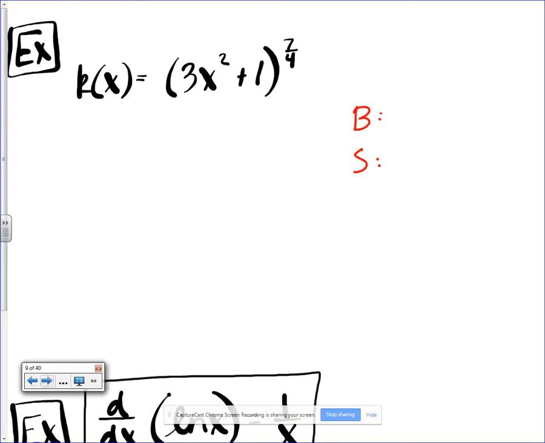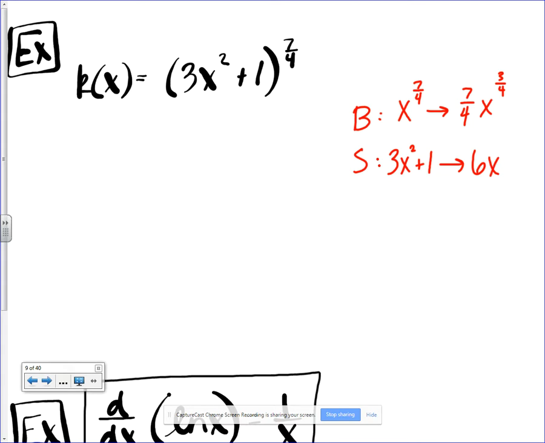Okay, let's go ahead and try some more chain rule. Big function. Let's see here, 7/4 minus 1 is that. Small function. Looks like that.